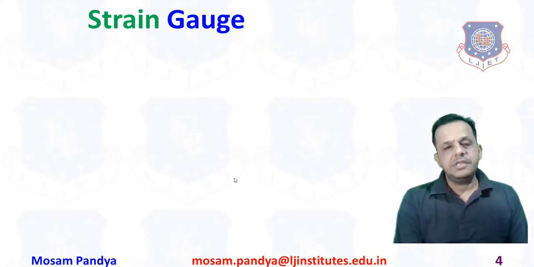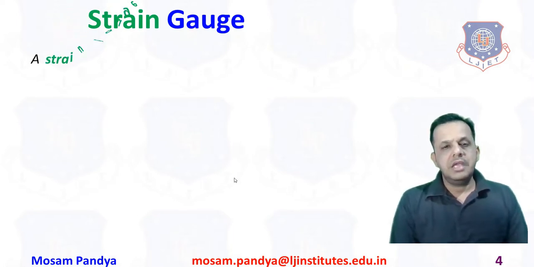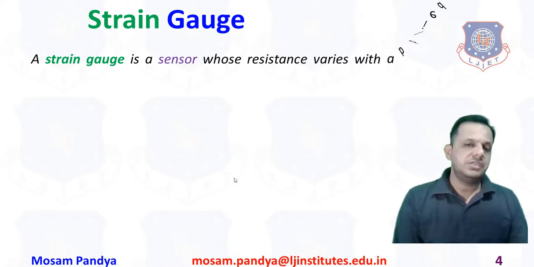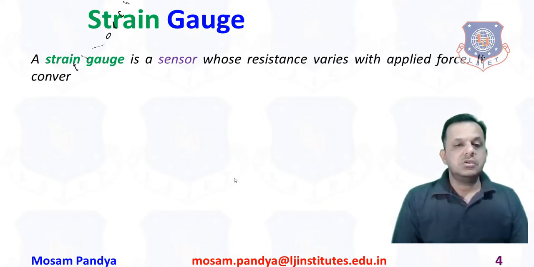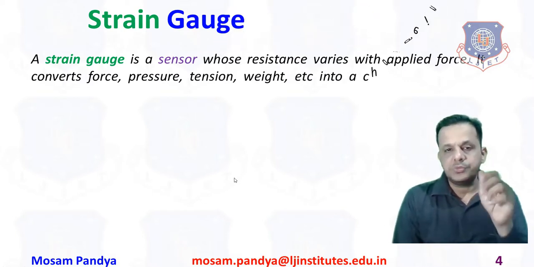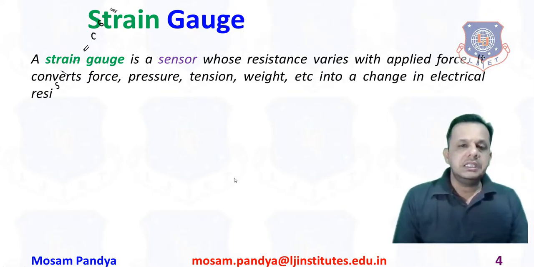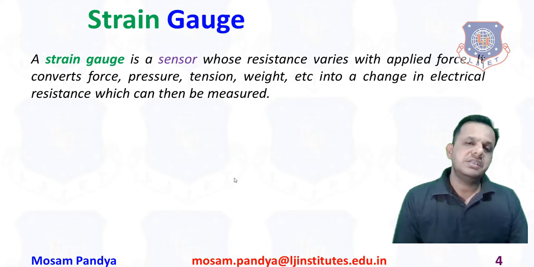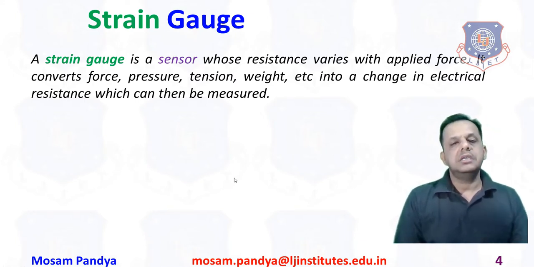So let us see what a strain gauge is. We have been talking about so many sensors. It is one of the sensors which actually senses the strain, like force, pressure, tension, weight, and converts it into an electrical quantity which you can measure. So this is basically a passive type of electrical strain gauge.